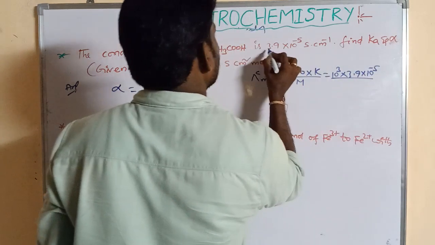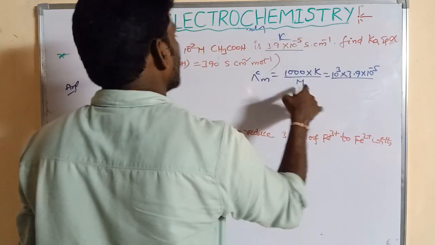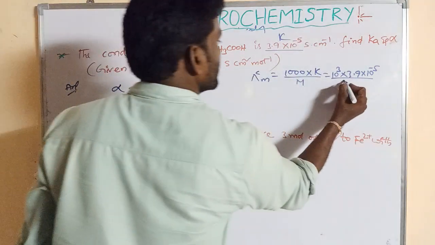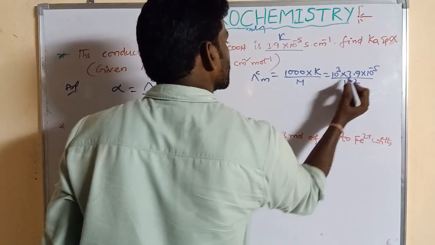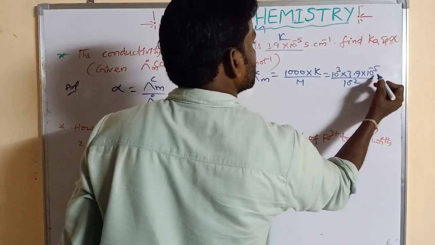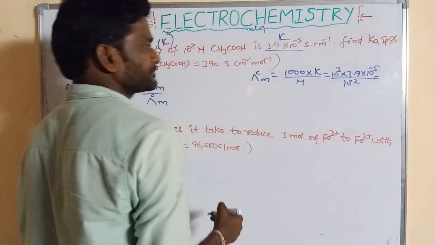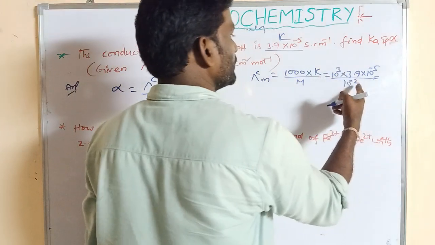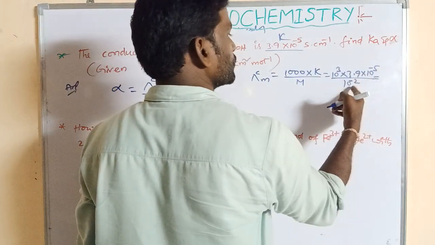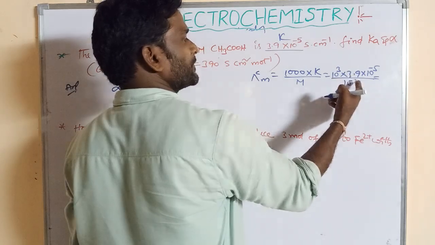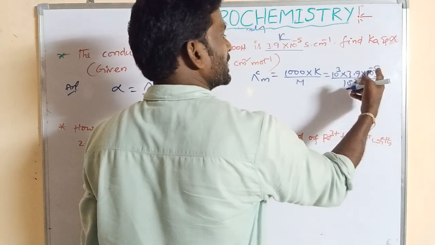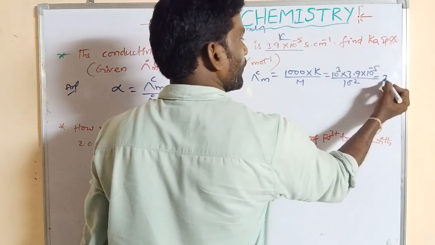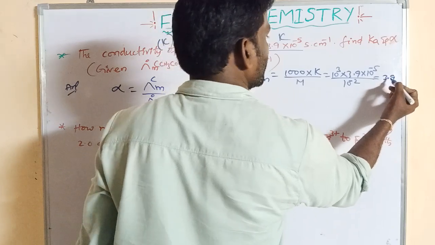This is the kappa value, right? Molarity is 10 to the power of minus 2. So finally we got 3.9.